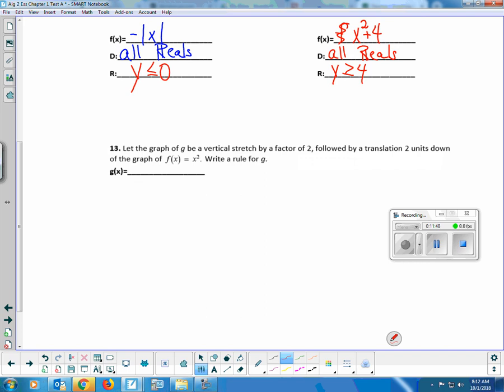And then number 13. Let the graph of g of x be a vertical stretch by the factor 2 and a translation of 2 units down. Stretches change the a, up and down changes the k. So I'm going to take f of x. The general form is a times x minus h squared plus k.